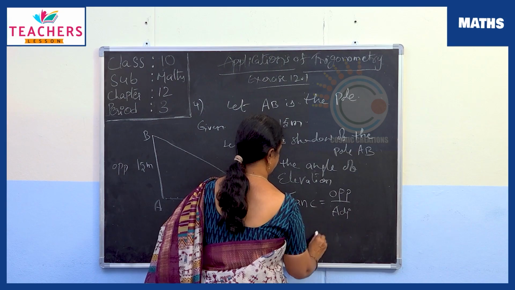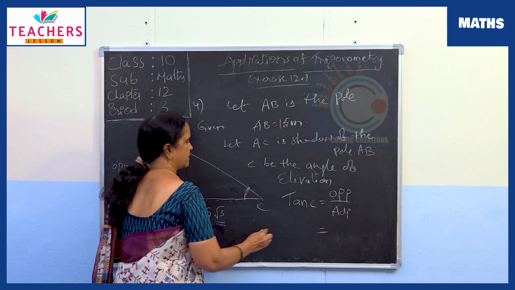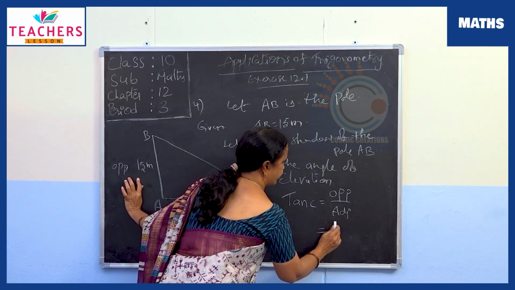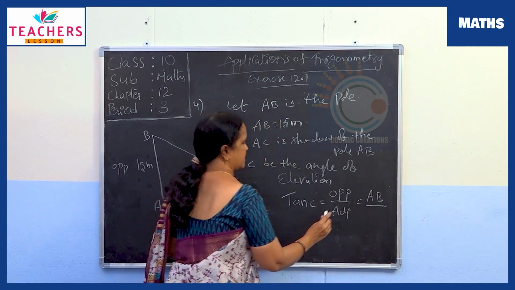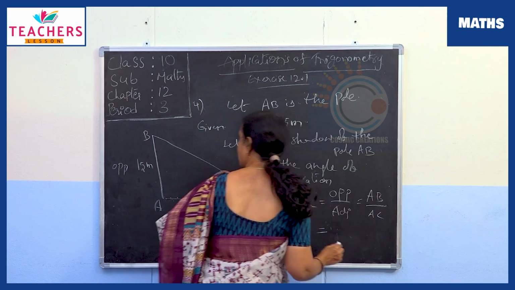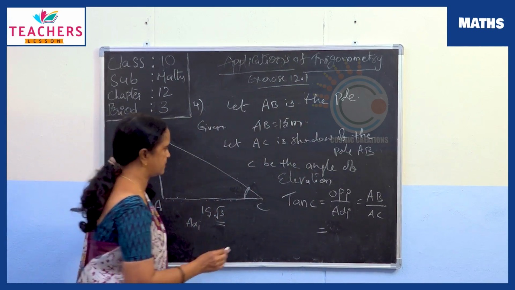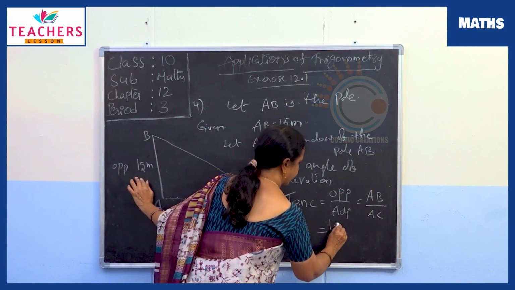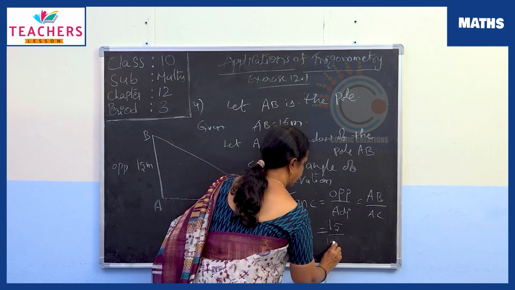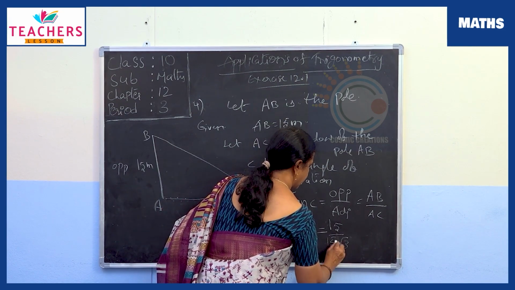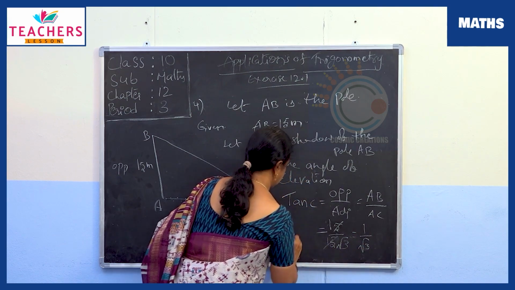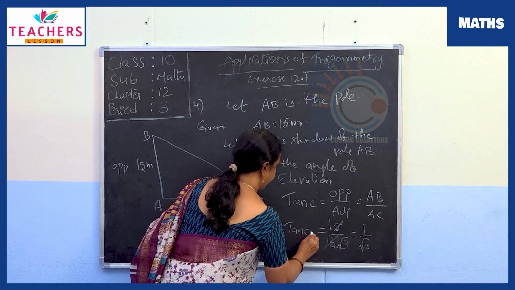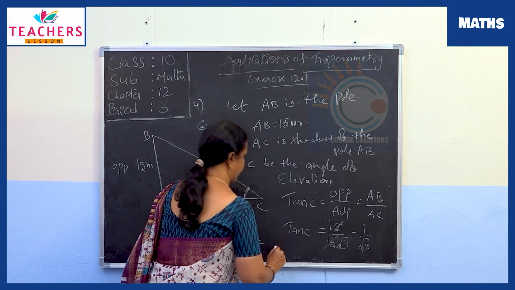Opposite is AB, 15 meters, by adjacent AC, 15 root 3. Here 15 gets cancelled. Tan C is 1 by root 3.